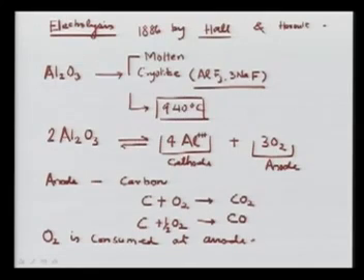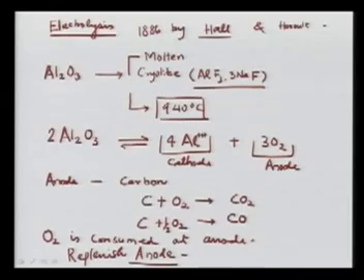So what we need to do is replenish the anode, because that is being consumed. So this is briefly the process through which we can make aluminium.